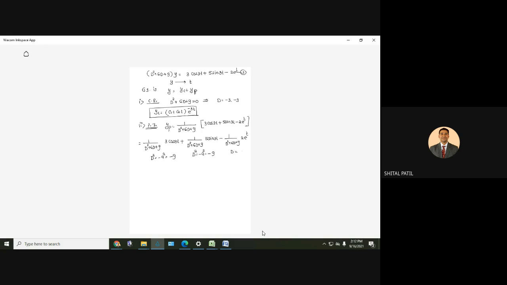Here D is to be replaced by a, the coefficient of t. Hope you remember everything. Hope you are getting all the steps.